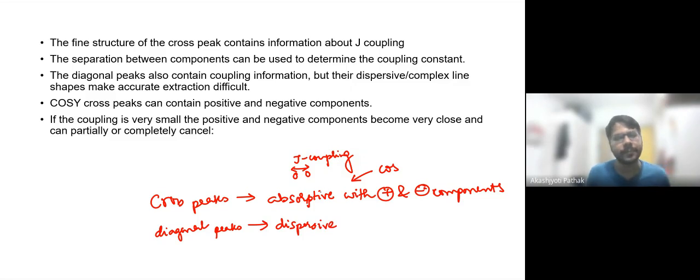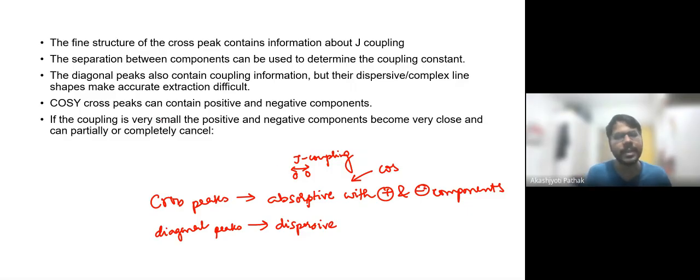Because the diagonal peaks are dispersive, the J coupling information cannot be extracted from them, while the cross peaks are absorptive, and therefore the separation between these fine structures can provide information about the J coupling between the two spins.